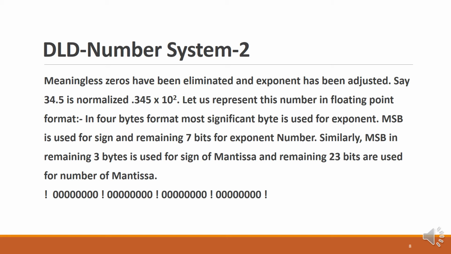The most significant byte is representing basically the exponent, and in that the most significant bit is representing the sign, and the remaining 7 bits are representing the exponent number.